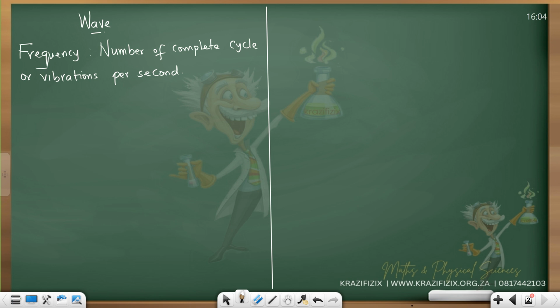So we started by looking at what a wave is. We started looking at the components of a wave. Now, the next thing to look at is period.